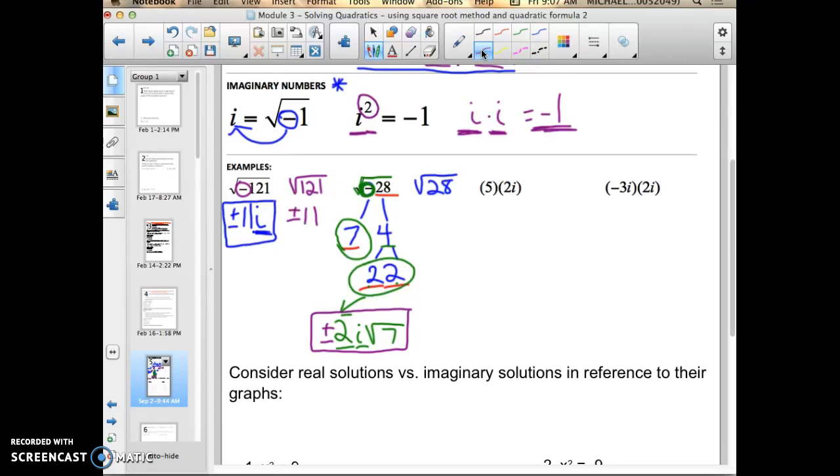Let's quickly look at why that situation occurs. I'm going to go back to this easier version of 11i. If I do 11i times 11i to try to get back to negative 121, I can do 11 times 11, which is 121, and then I times I is I squared.